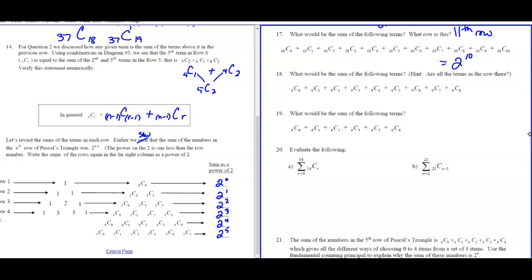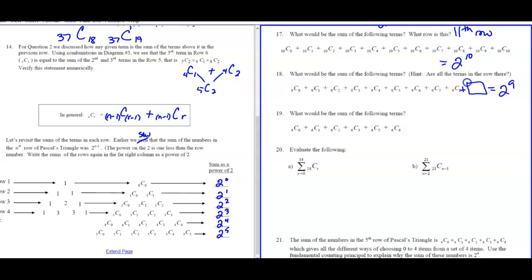Next one is going to be the 10th row. This is a 9. And so 0, 1, 2, 3, 4, 5, 6, 7, 8, but it's missing 9C9, right? So if we add 9C9, we would get 2 to the 9.